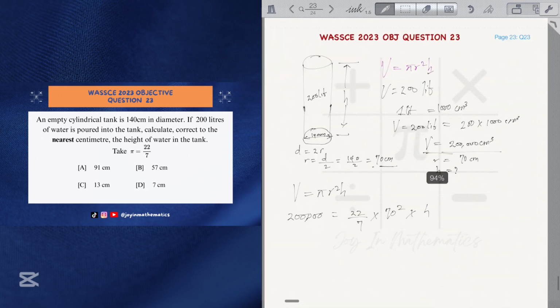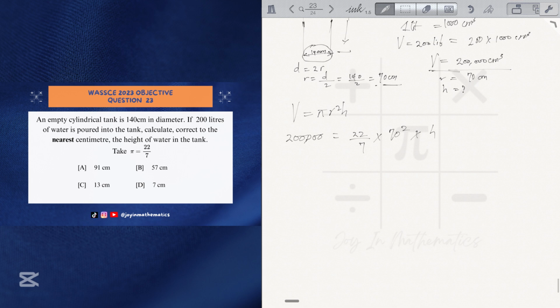And with that, we can make h the subject of the formula. So h will be equal to 200,000 multiplied by 7 divided by 22 multiplied by 70 squared. Now this 70 squared can be written as 70 multiplied by 70.